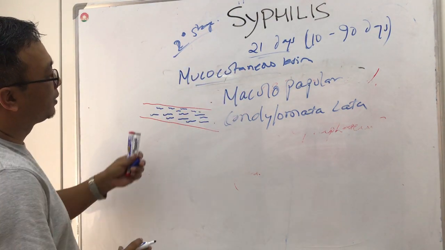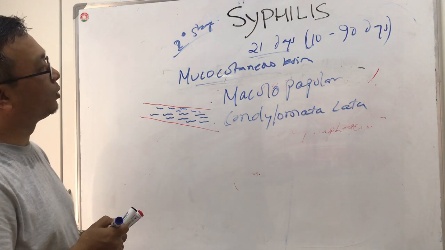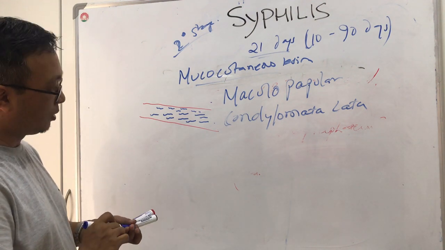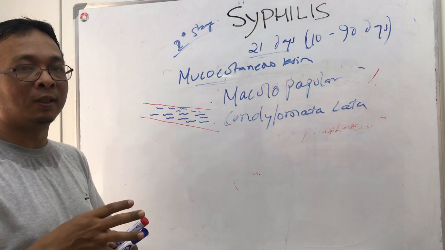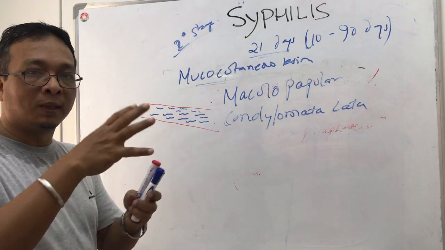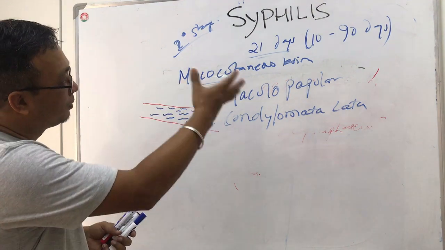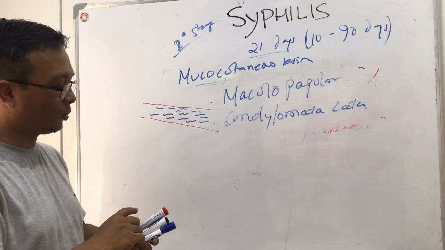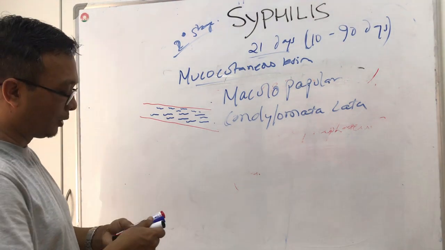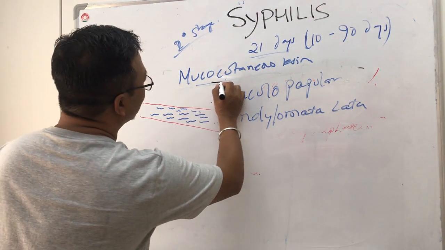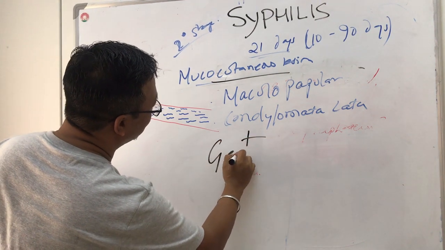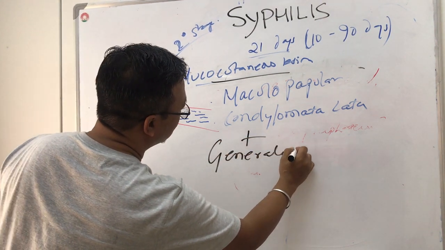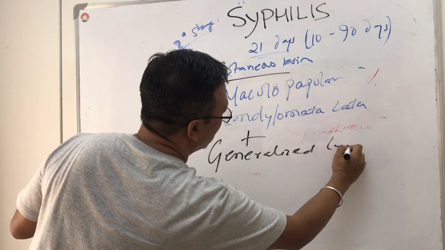During this time lots of inflammatory reactions occur, and the lymph node involvement is not regional only. Most of the lymph nodes in the body are swollen or enlarged. We call that generalized lymphadenopathy. So in secondary syphilis there are mucocutaneous skin lesions plus generalized lymphadenopathy.